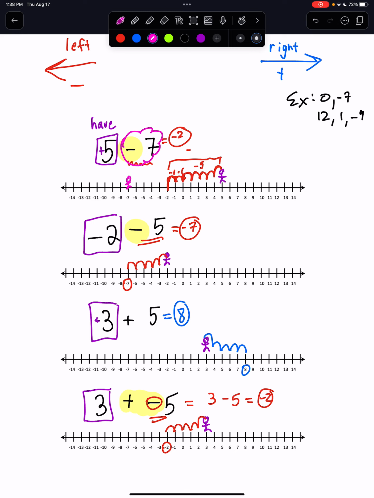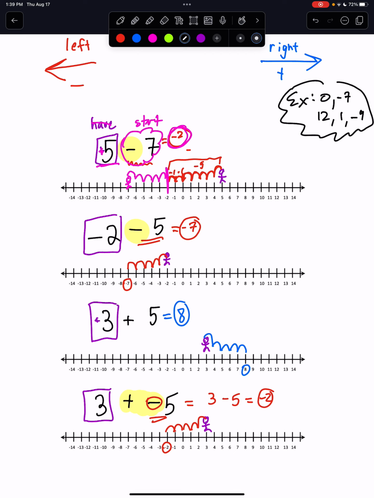You got an IOU in your wallet for $7. Then if you start at -7, now we have 5. 5 is positive because there's no negative to the left of it, because we read English and math from left to right. So now we're going to hop 5 to the right. 1, 2, 3, 4, and 5. Boom, we're still at -2. So either way you slice it, you should end up in the exact same spot. And the number line is such a helpful visual.